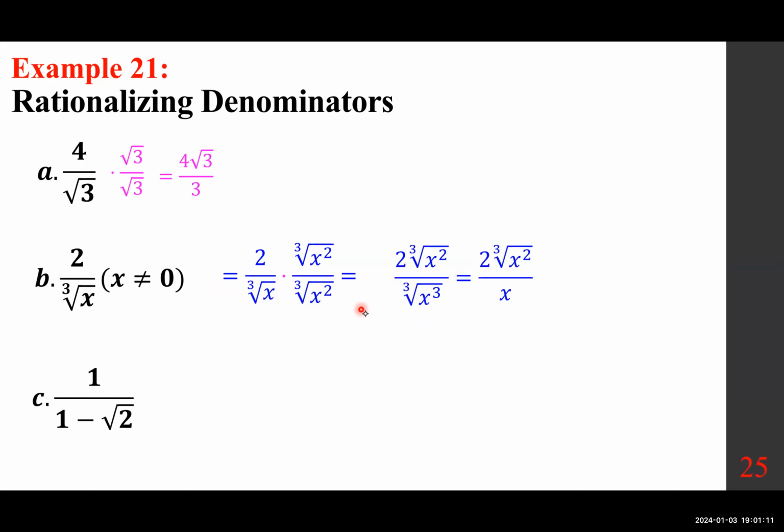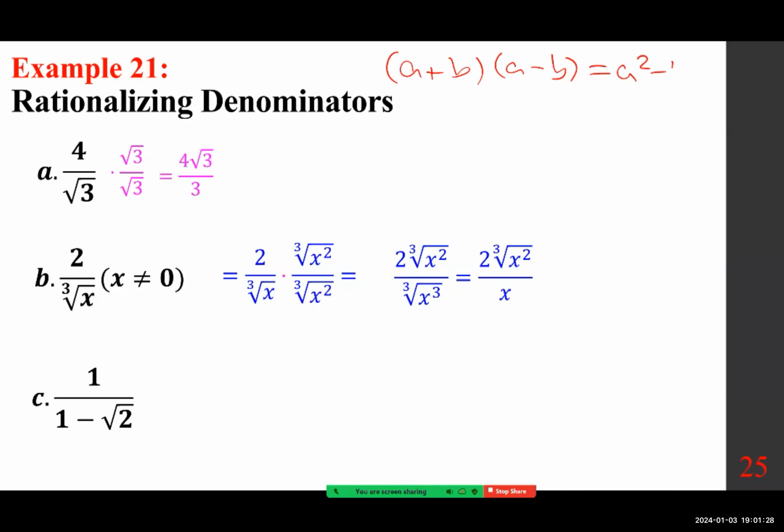Finally, on a case like this, when the denominator has two terms, two pieces, you multiply by its conjugate. Again, I remind you the concept of a conjugate: a plus b, the conjugate is a minus b, their product is a squared minus b squared. So we're going to multiply and divide by the conjugate of the denominator, namely 1 plus square root of 2.